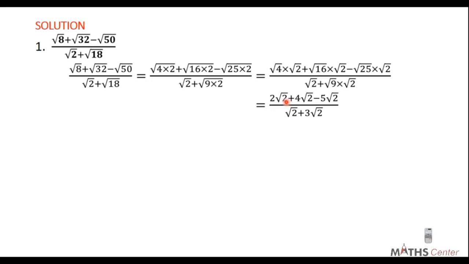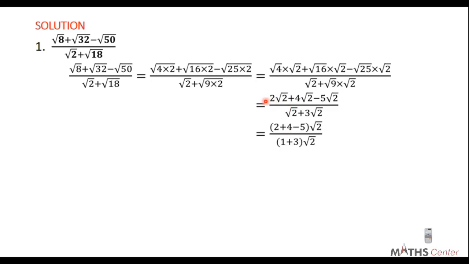Now you can see from here that the numbers under the square root sign are the same. So we have 2 here, we have 2 here, we have 2 here. So we can add the numbers in front of the square root sign. In the denominator, we have 2 here, we have 2 here, so we can also add the numbers in front of the square root sign. Don't forget that square root of 2 has 1 in front of it.